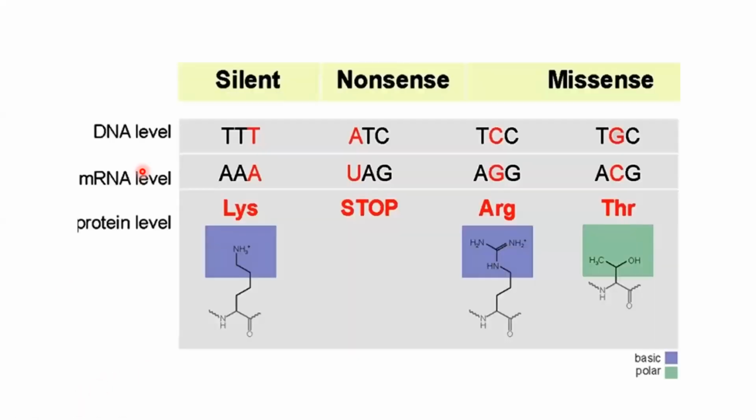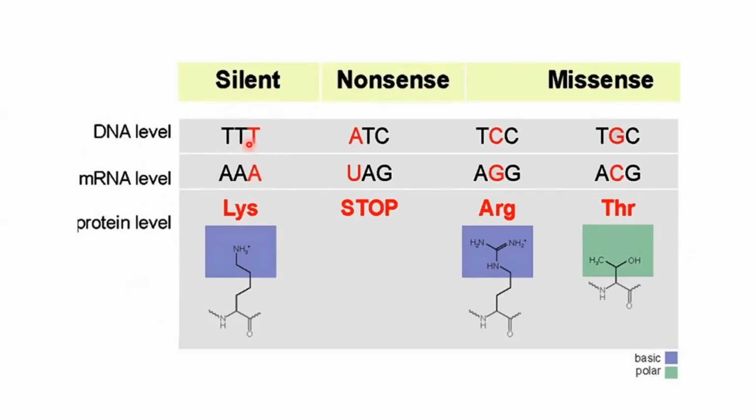Right now, you need to know the basics of mutation. Mutation can occur at the DNA, mRNA, or protein level. For instance, at a DNA level, you had something called TTT, right? And you had this triplet codon. So for instance, at the DNA level, this T got replaced with an A. Now the mRNA becomes AAT, right?